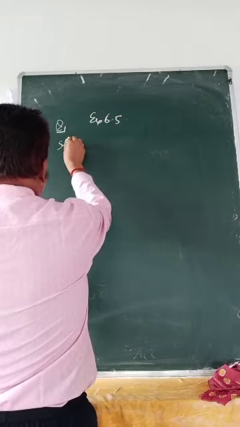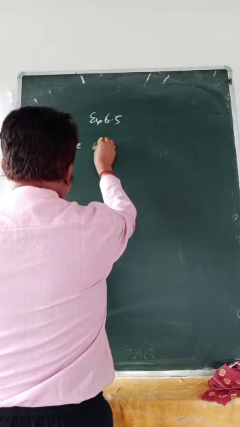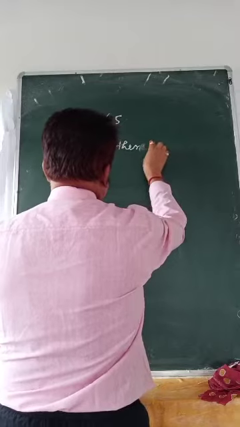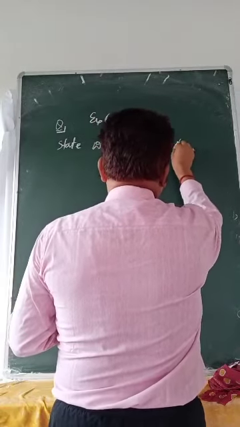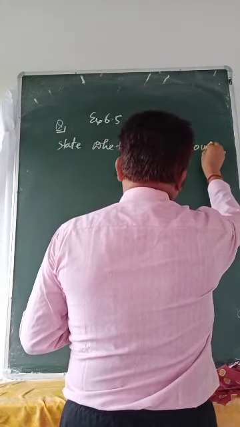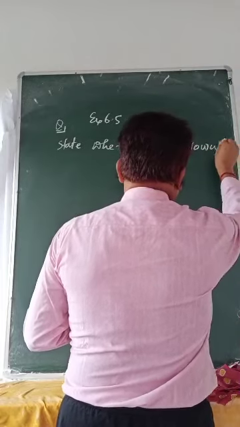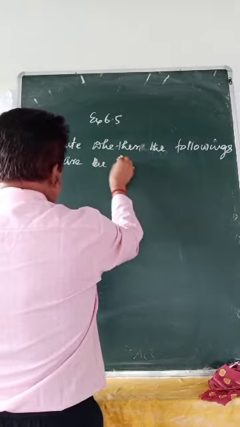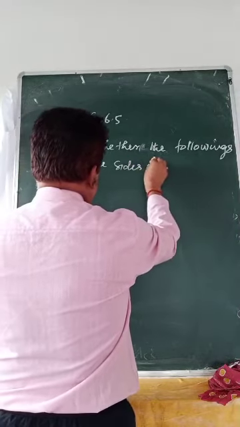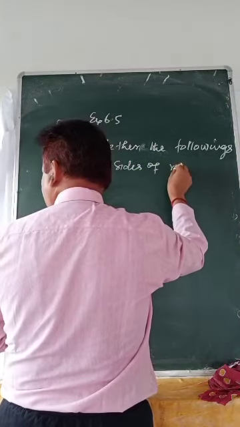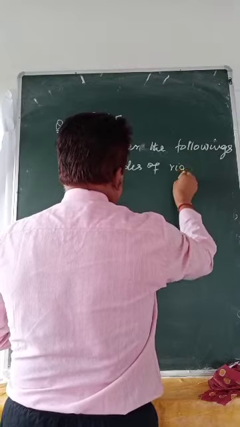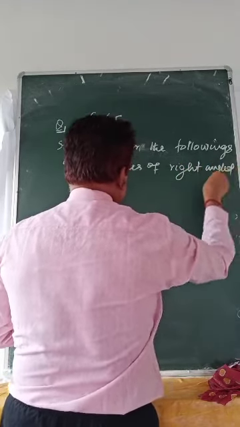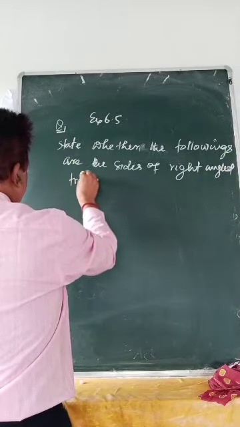State whether the following are the sides of a right angle triangle.